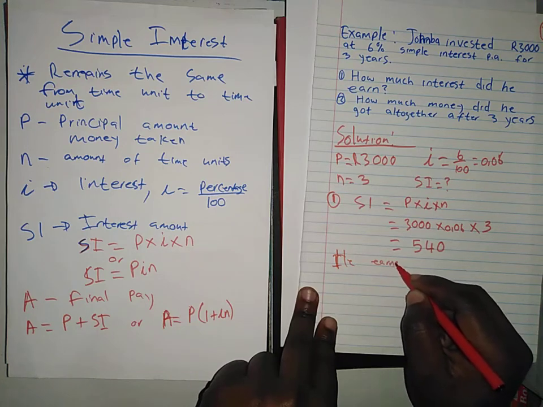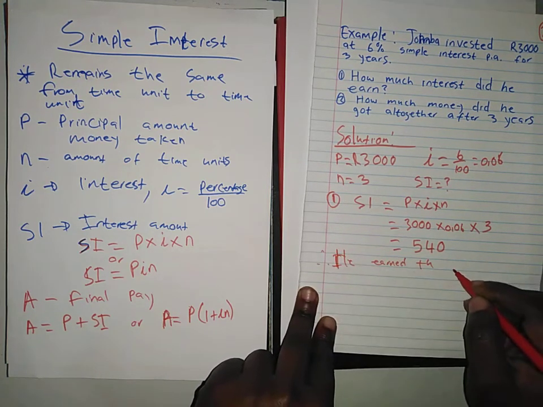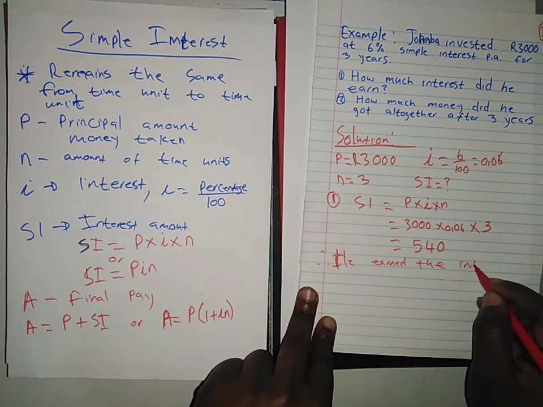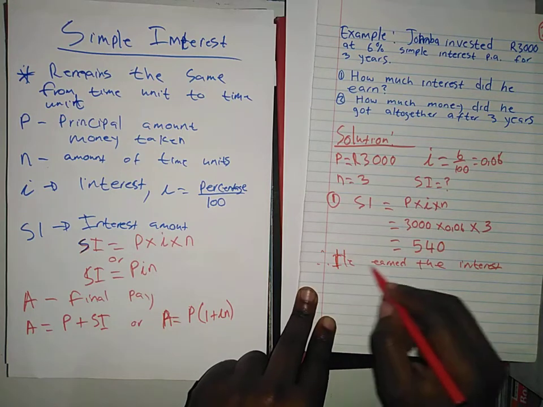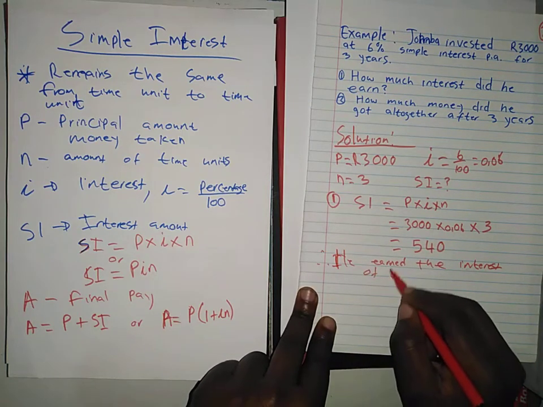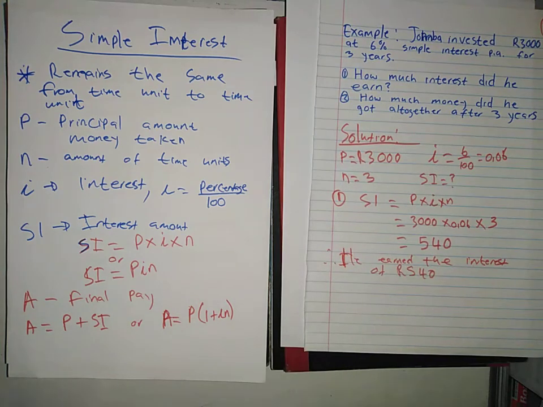Therefore he earned interest of 540. Okay, now we've got what the interest is.